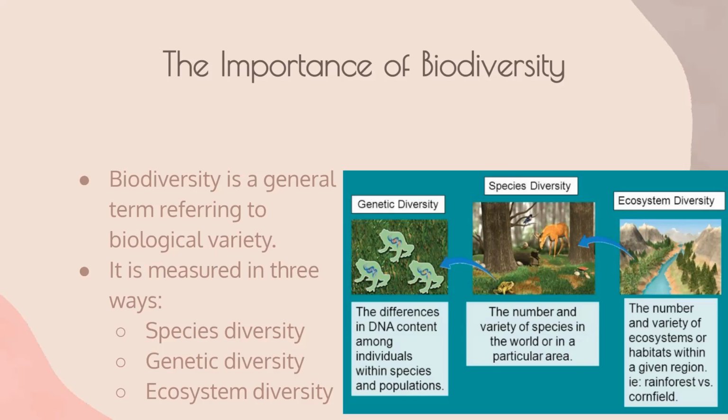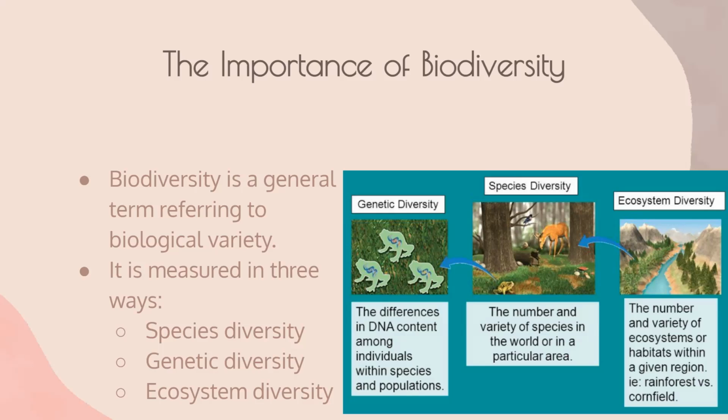We have rainforests, we have deciduous forests, which means like forests with trees that lose their leaves in the winter. We have the Arctic, so a landscape that has a lot of snow in it. We have the desert, all of these different ecosystems.